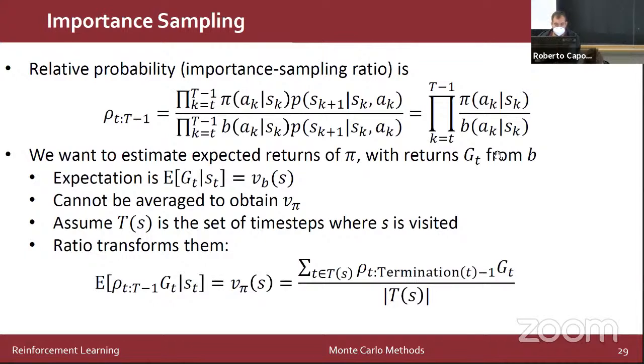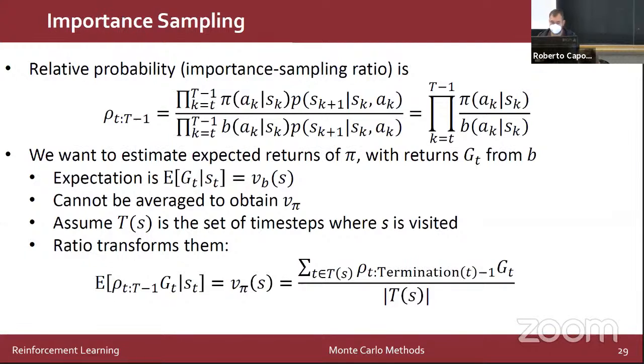But please ask questions on slide or not on chat. So why do you want to do that? Because you want to understand the importance of some data that are generated by B for the target policy.